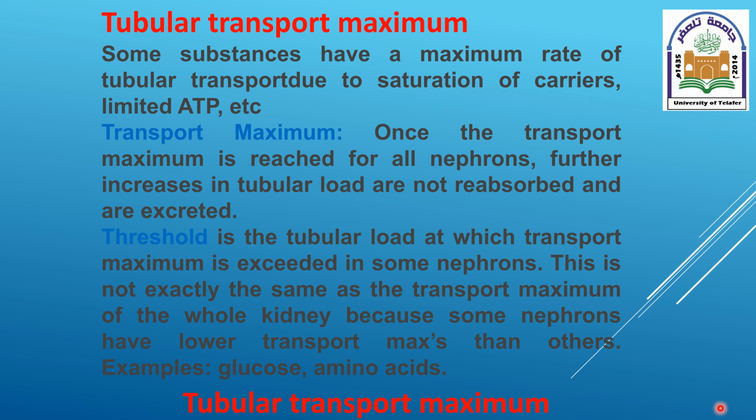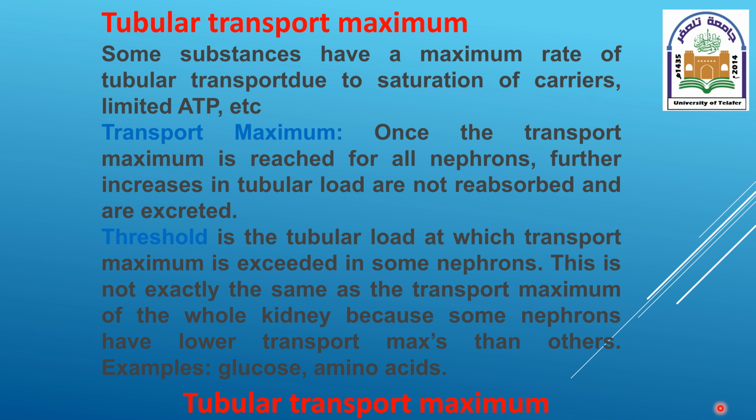In patients with diabetes mellitus, the amount of glucose filtered at the glomeruli is so high that it exceeds the capacity of the tubule to reabsorb the glucose. Accordingly, not all filtered glucose in a diabetic patient is reabsorbed, and a considerable amount of glucose will appear in the urine.